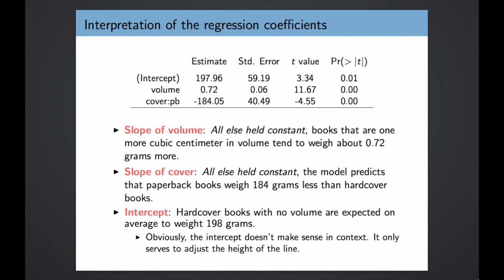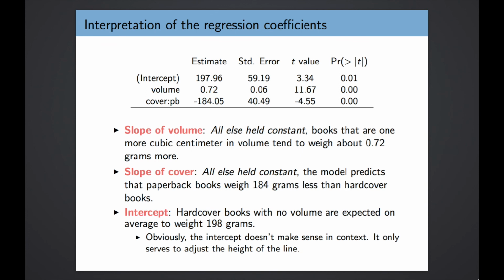Now remember that sometimes the intercept is not something that makes sense substantively. It is a point for our regression line to cross over the y-axis. But a lot of times the intercept just isn't meaningful when the values of the independent variables associated with the intercept don't make sense.